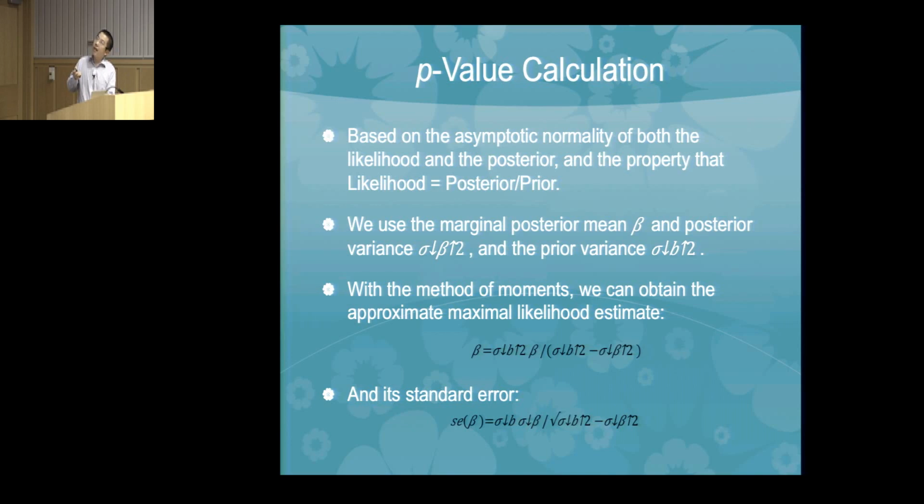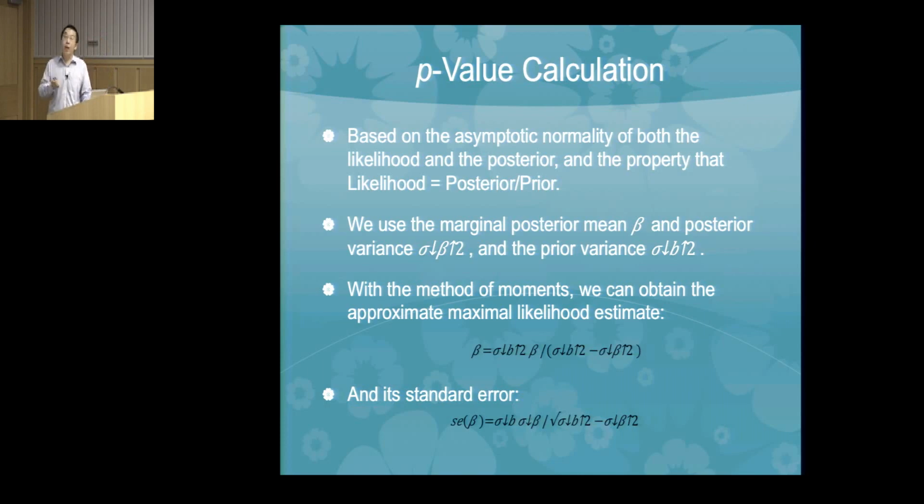This beta hat estimate is based on our posterior estimates of beta and the prior estimates of beta. This beta hat estimate is actually a maximum likelihood estimate. In addition, we can also easily compute the standard error for those MLE estimates for beta. So from this MCMC algorithm, we eventually get our beta hat and the standard error of beta hat, and that gives you a p-value directly.